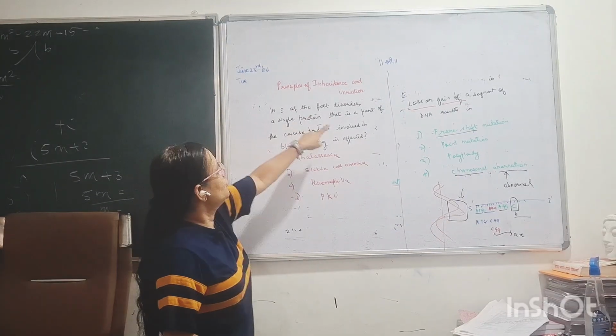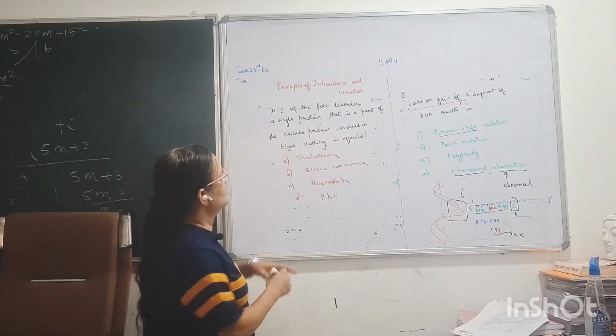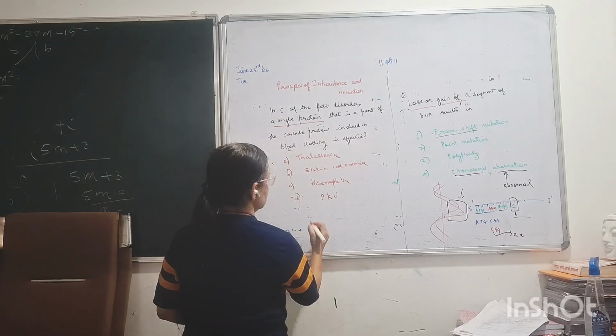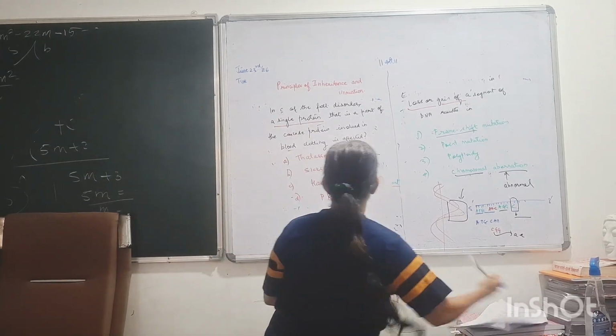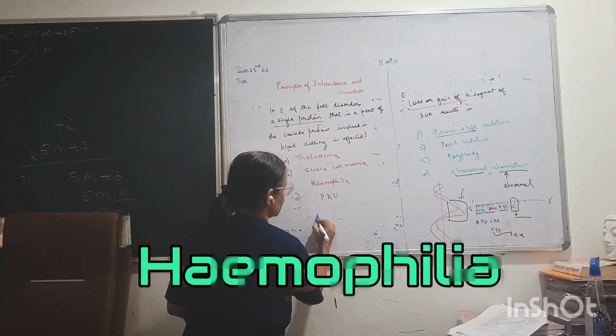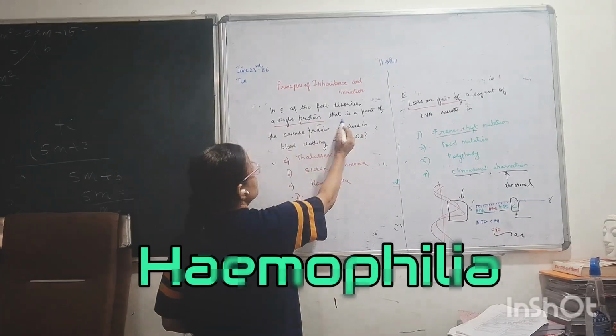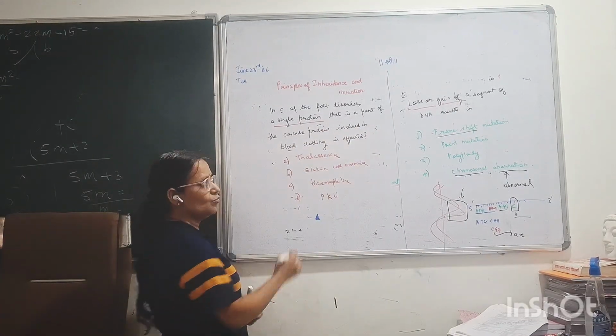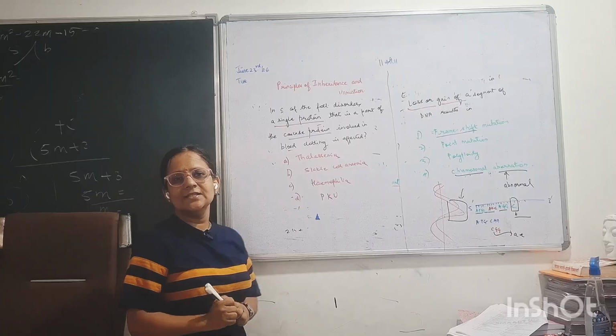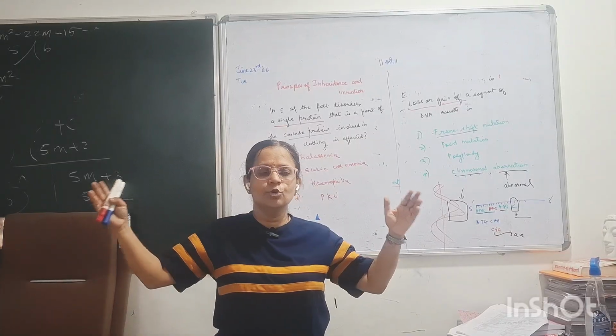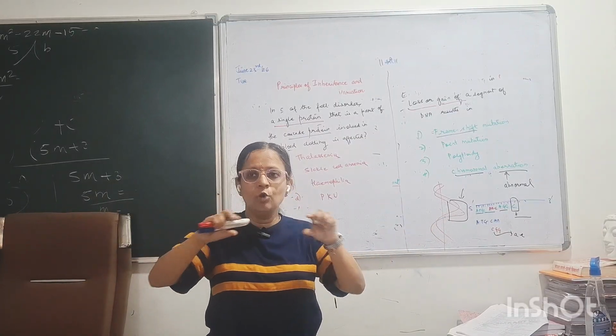Now let us read the following disorders: a single protein, say I am drawing this protein over here, and it is a part of a cascade of proteins. What do we mean by cascade? Cascade means you have a group of proteins and they are all working together.